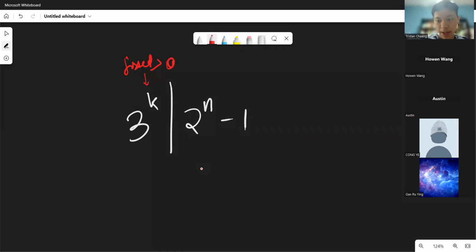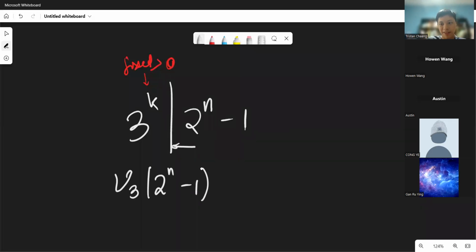V3 of 2 to the n minus 1 equals k. But is it equals k or something stronger or weaker, depending on what you mean by strong and weak? So this is equivalent to v3 of 2 to the n minus 1, and then what? Equals k or something else? This is just a division property, right?